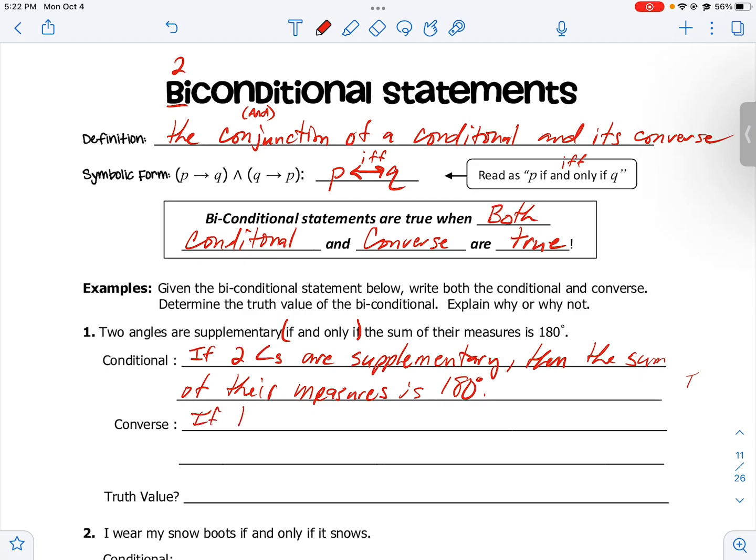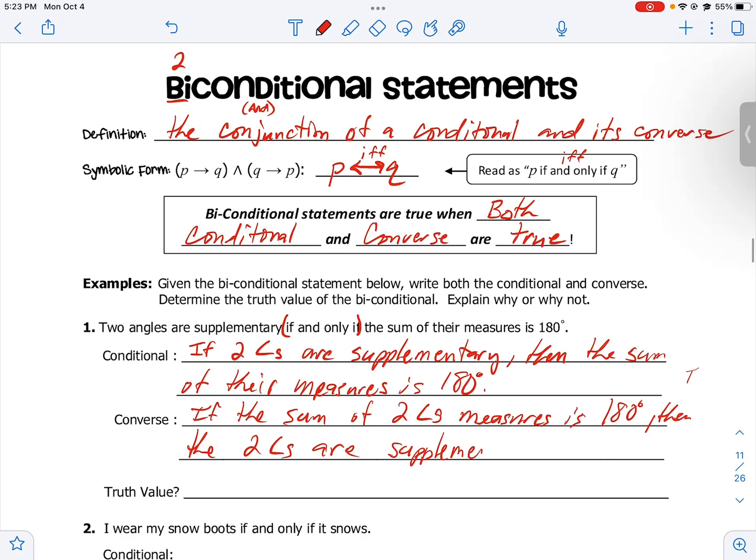The converse of that is: if the sum of two angles measures 180 degrees, then the two angles are supplementary.